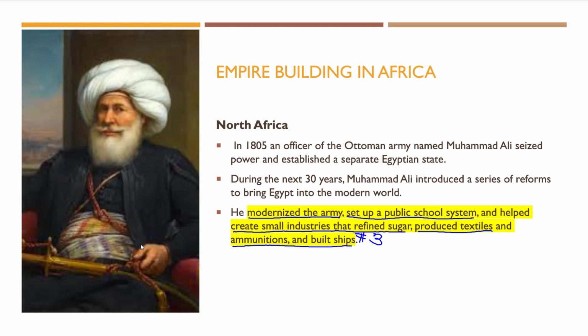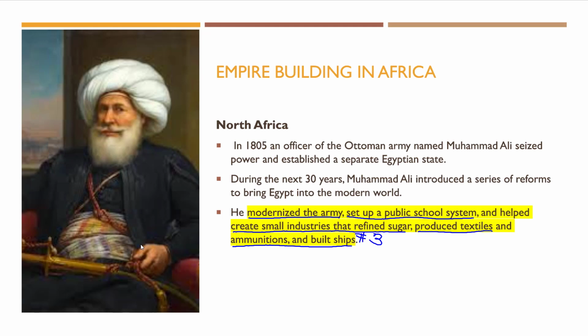This is in Northern Africa now. Muhammad Ali, an Ottoman Sultan, not the boxer, but the Ottoman Sultan, was able to seize power and then establish a separate Egyptian state, meaning that he was able to create a separate Egyptian country with borders.